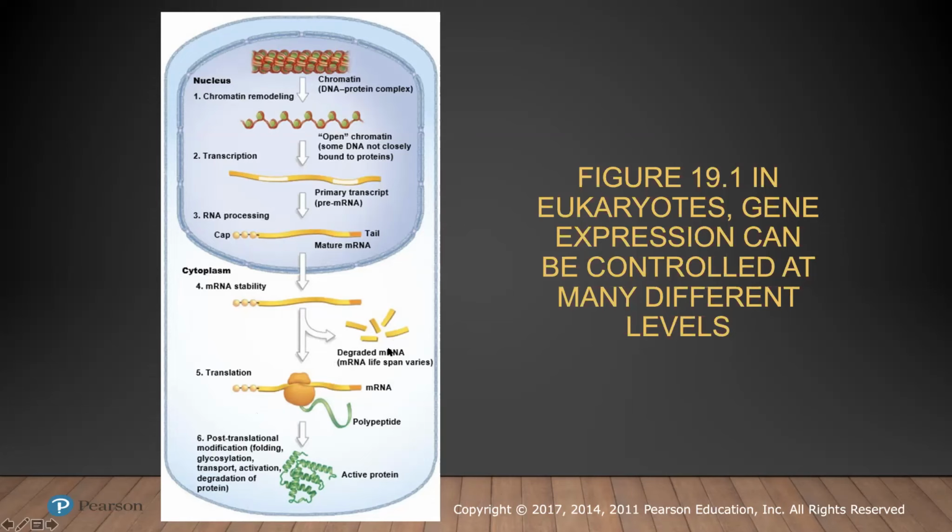So there is a lifespan for how long that messenger RNA strand can stay alive or viable out here in the cytoplasm. And then after translation, even after it's gone through this whole big process, there still may be things that we need to do before that protein can become active. So again, another layer of gene control here.